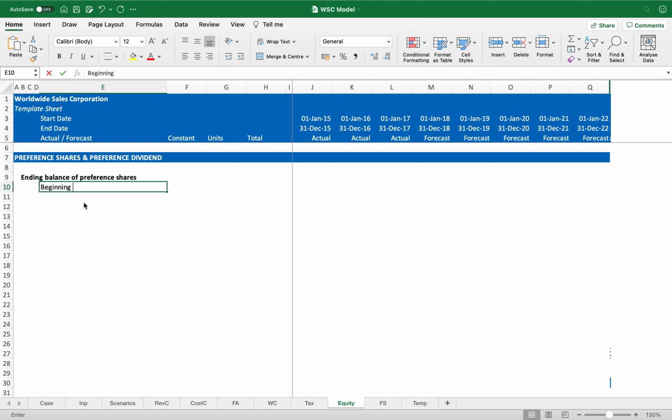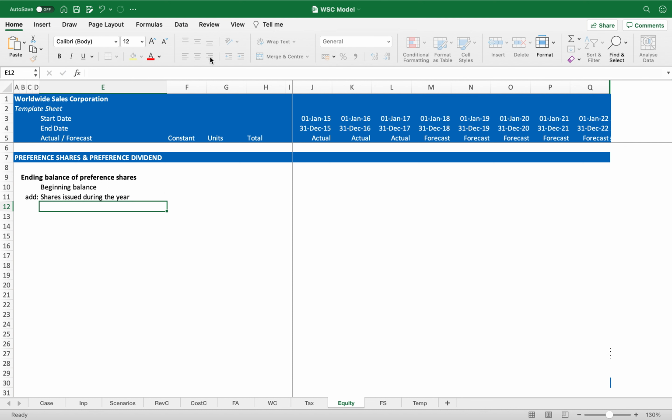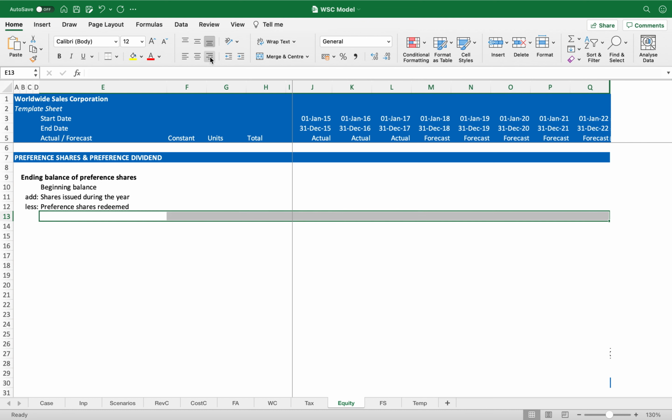Of course, we will have some beginning balance. I will add shares issued during the year. I will subtract preference shares redeemed, and I will get to the ending balance.